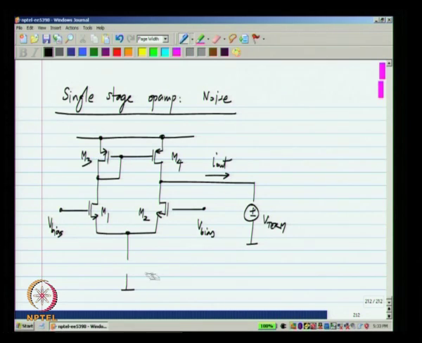I also have to add the current source transistors here, M0 and the current mirror. Okay. Let us assume that this is biased from a current mirror.